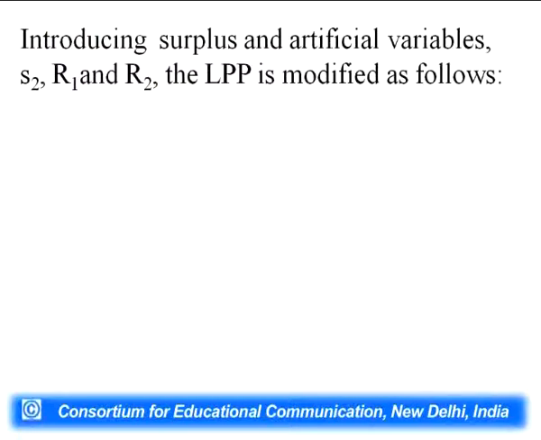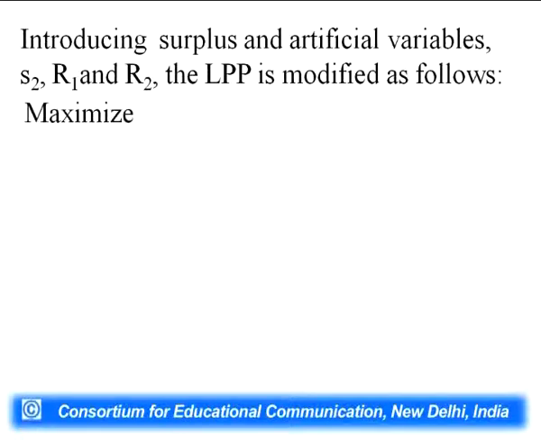Now, introducing surplus and artificial variables S2, R1 and R2, the LPP is modified. The earlier problem is now going to be modified by the introduction of the surplus variable and the artificial variables. How these are to be entered in the earlier equations, I am going to demonstrate.